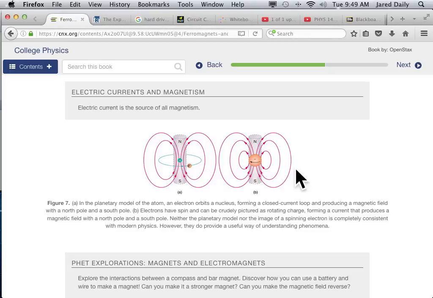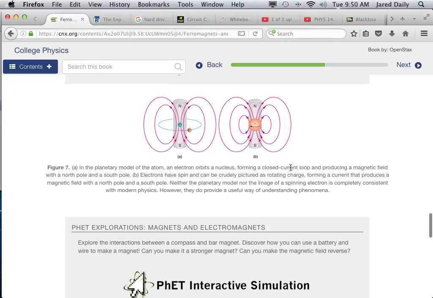So eventually, the scientists started to believe that it was current that was causing all magnetism. Because they figured if current causes magnetism when you've got a wire, then maybe current is causing magnetism inside of atoms. And that is fine to think of as long as you don't believe physics. And honestly, that's kind of what they're going to teach you in just about every class except for physics.